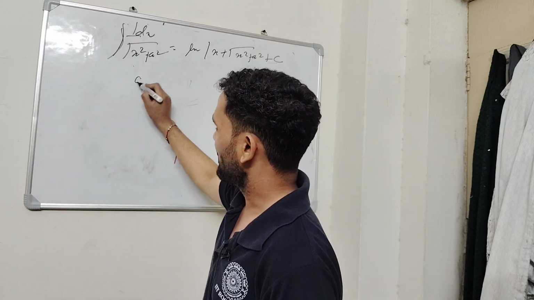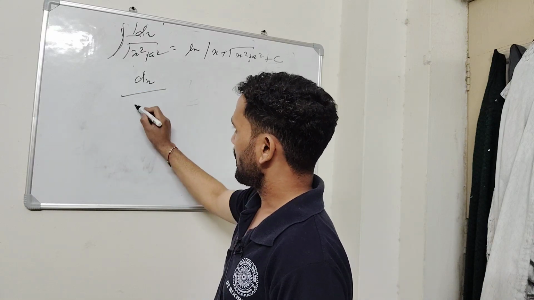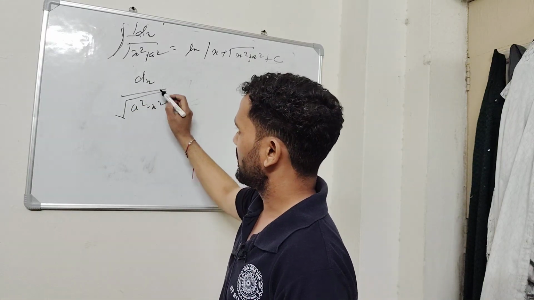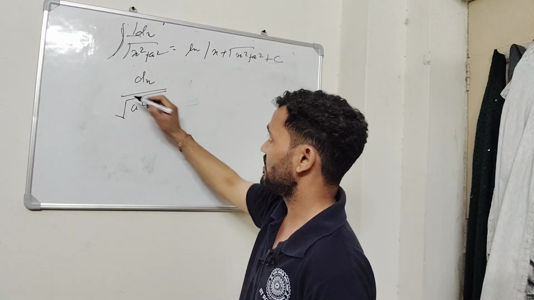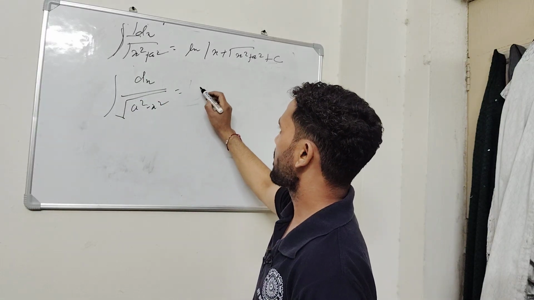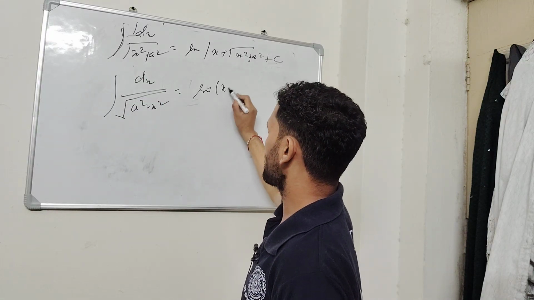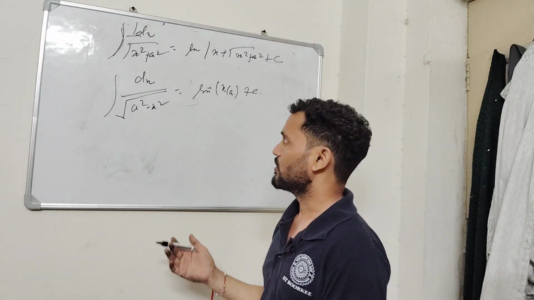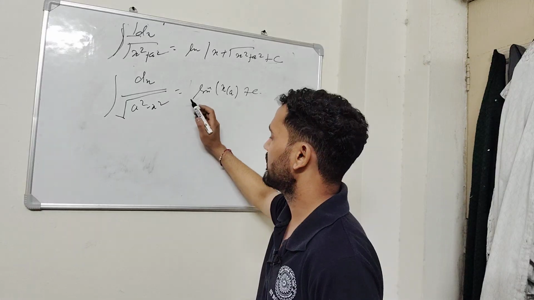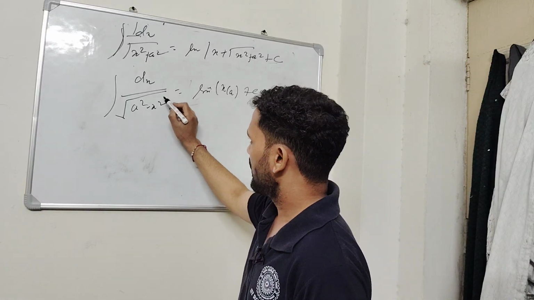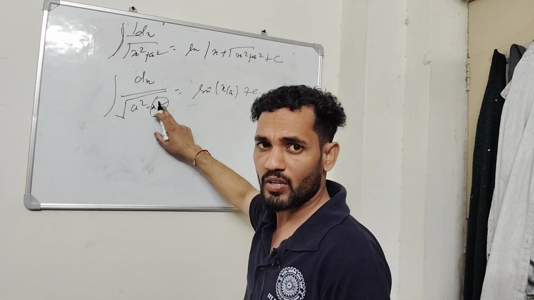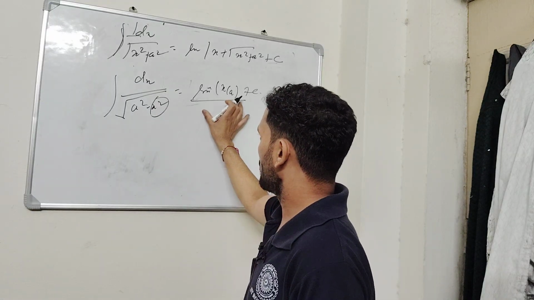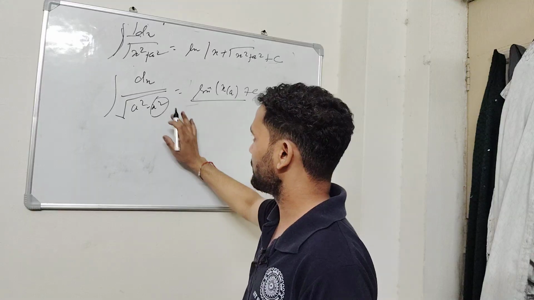But if it is a square minus x square under a square root, then what will your integration be? Simply sine inverse of x upon a plus c, which is mentioned in each book, right? So no need to worry. Here what is the coefficient of x square? Simply 1. So there is no need to divide by 1.